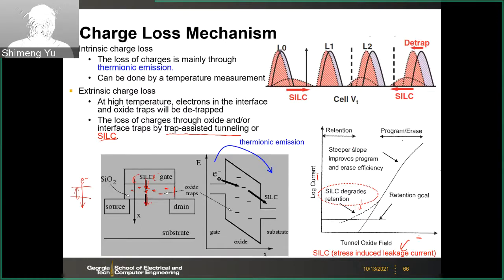If you have program and erase many cycles, you have those traps, then it will be easier for electrons to tunnel through. So you have higher leakage current. This leakage current will remove the electrons from the floating gate, and then you may lose your data.